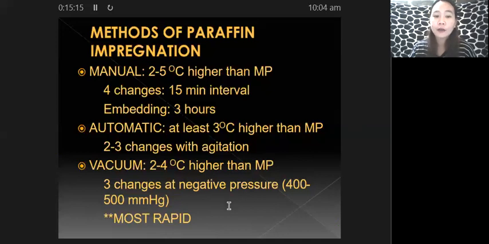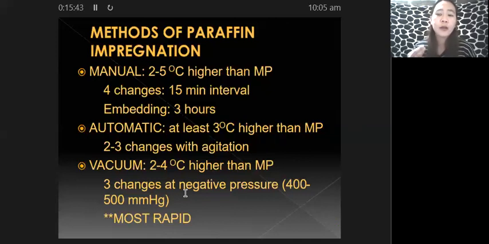The good thing about the presence of the negative pressure inside your machine is that it will facilitate easier removal of your clearing agent. Apart from that, it is also able to remove air bubbles which may be present inside your tissue sample.